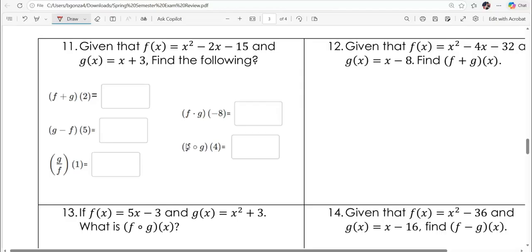So when you have two functions, you have to split it up and turn it into two functions.